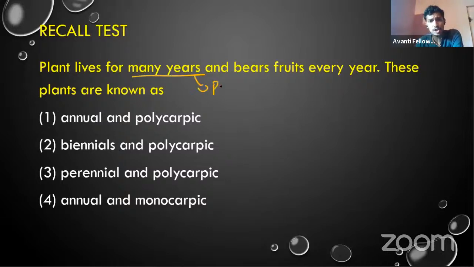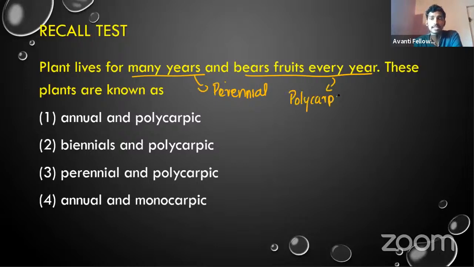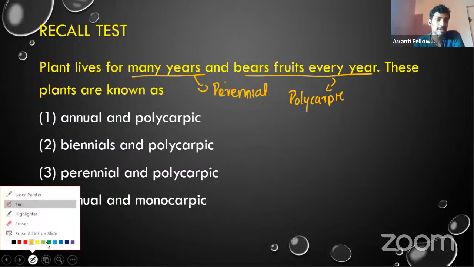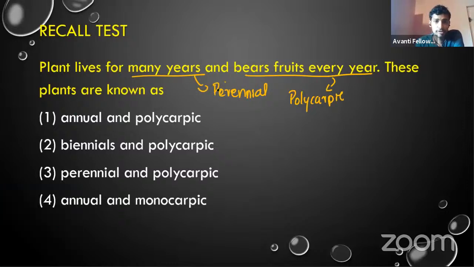Many years means perennial. And it bears fruit every year, meaning it bears fruit multiple times, so you can call it polycarpic. You have to find the answer with both options. If you know perennial, you could have answered directly. Perennial and polycarpic is correct. Correct answer, everyone.